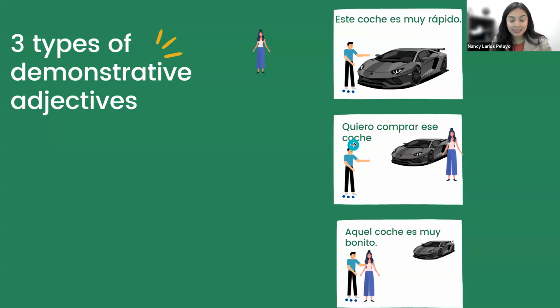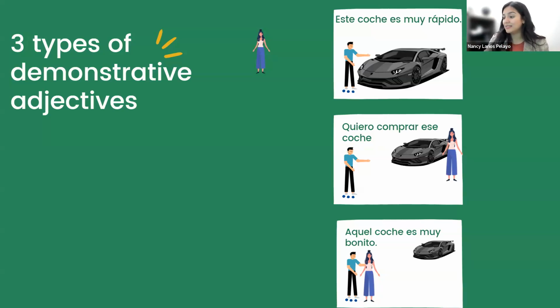Now, in the second example, quiero comprar ese coche. I want to buy that car. See? Ese coche. That means the speaker is not close to the object, but the listener is. Quiero comprar ese coche.